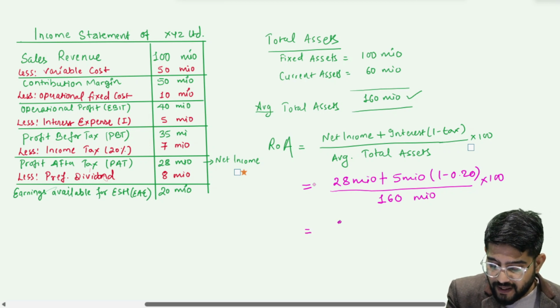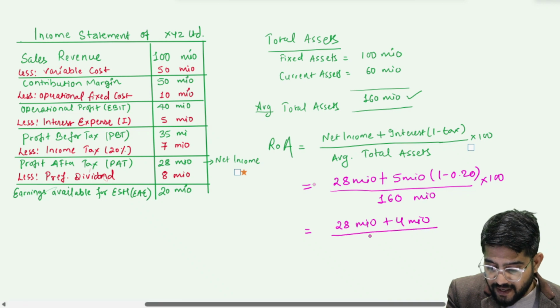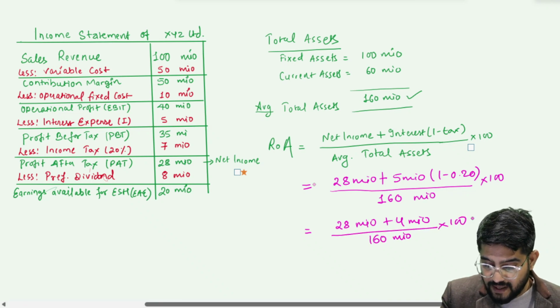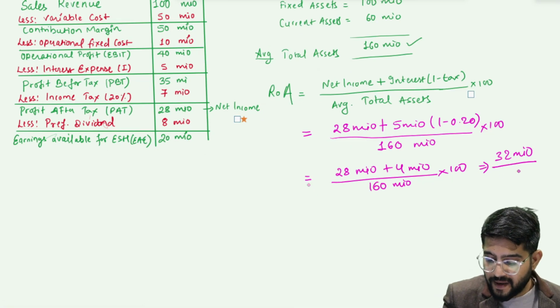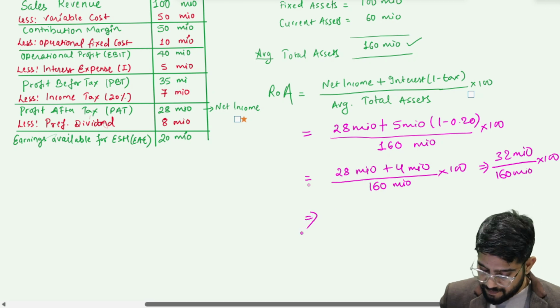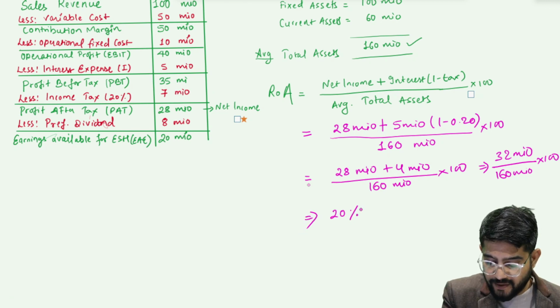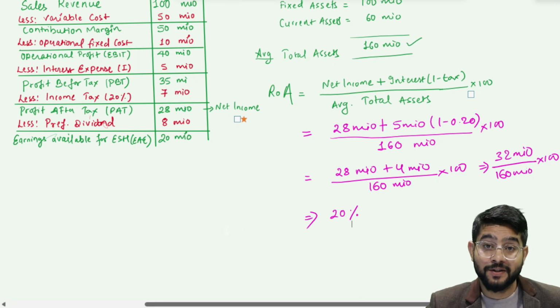So this would be 28 million plus 4 million divided by 160 million into 100, which is 32 million divided by 160 million into 100, which comes to 20%.